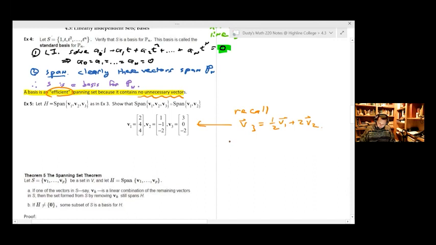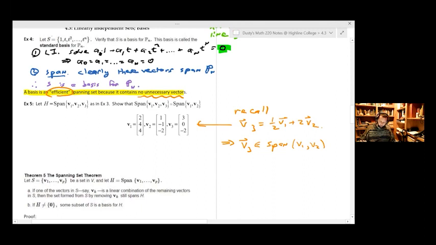And this tells us that V3 is in the span of V1 and V2. Okay.